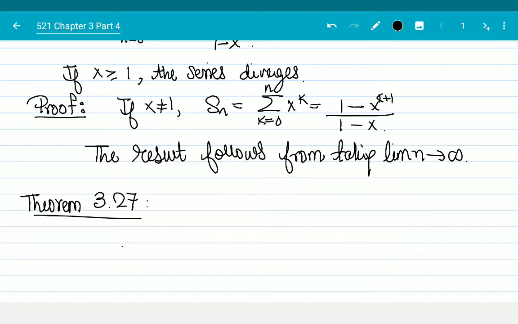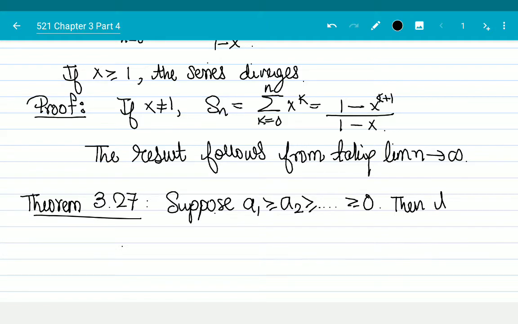It says, suppose the a_i are monotonically decreasing. Okay, they're all positive but monotonically decreasing.